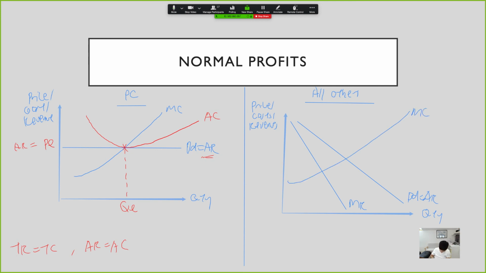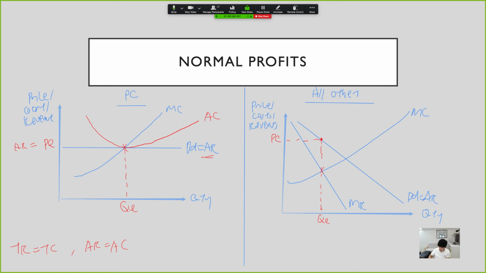Let's find out where your profit maximization point is. The profit maximization point is here. So this gives us your output, this gives us your price. This point is important because it is where you need your AC to cut so that you are making normal profits.